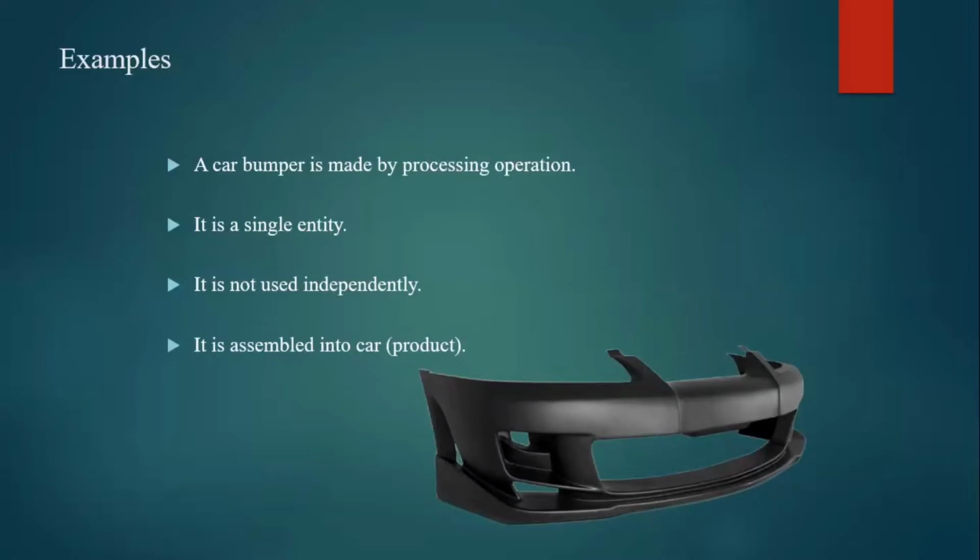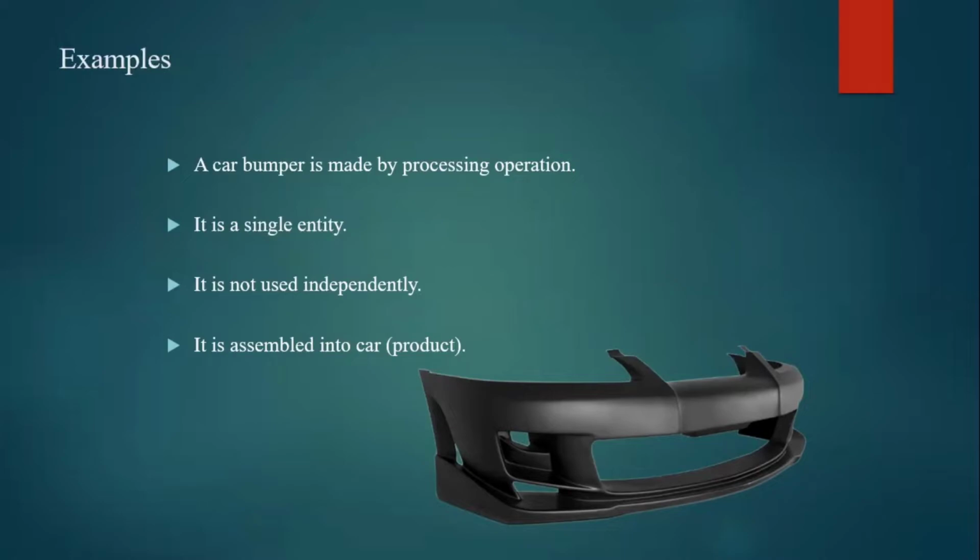In another example, we have a car bumper, also manufactured by using the processing operation. The same material, polypropylene, is used for its manufacturing because it's a tough material. And the tough material can resist the impact loads, the shock loads.